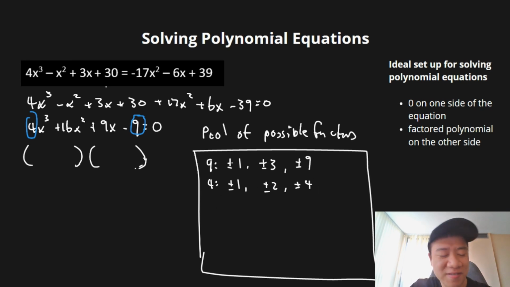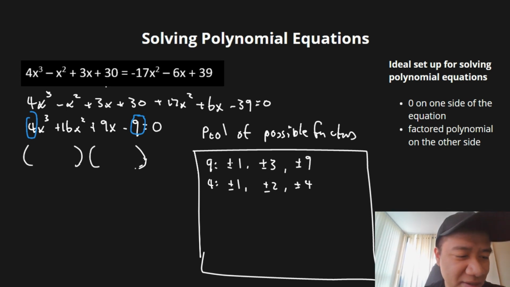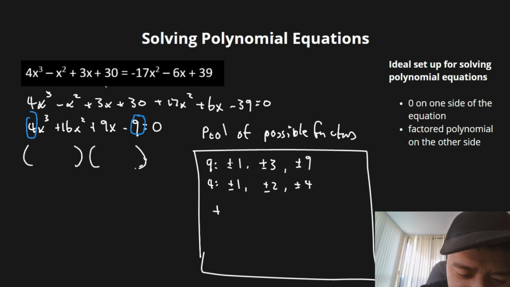So what that means is our possible numbers are going to be 1 divided by plus or minus 1, 3 divided by plus or minus 1, 9 divided by plus or minus 1. Let me write that over here.